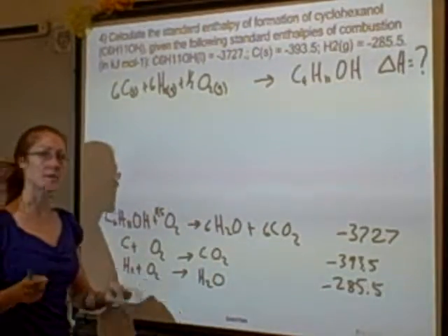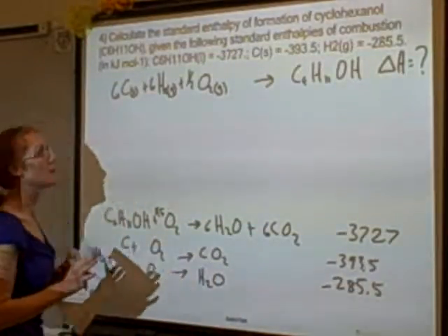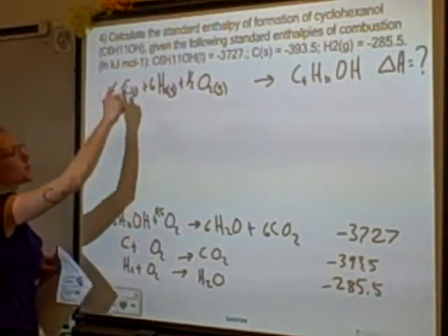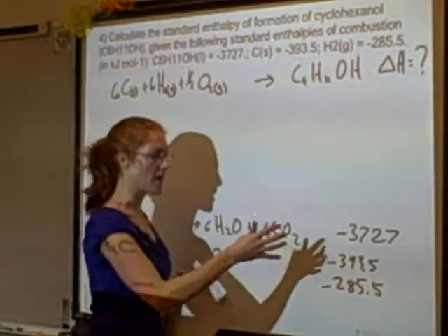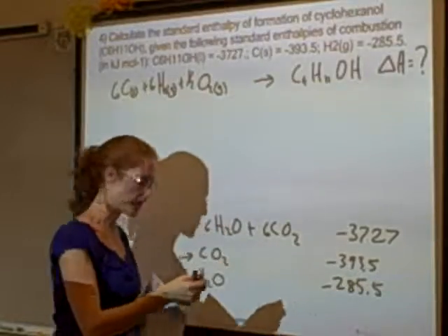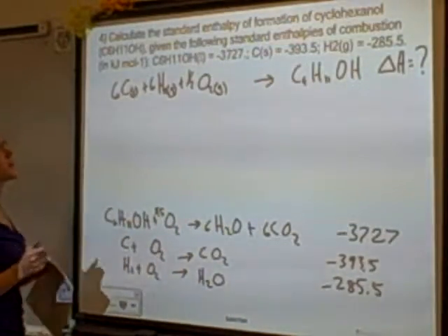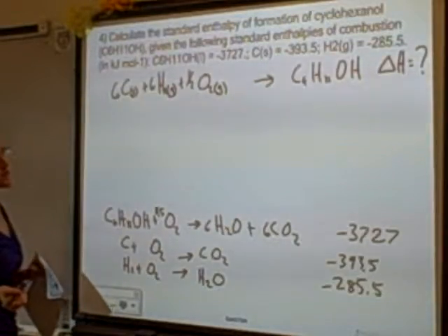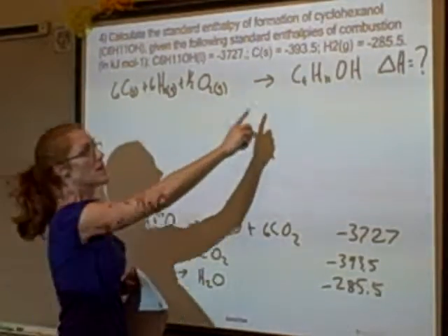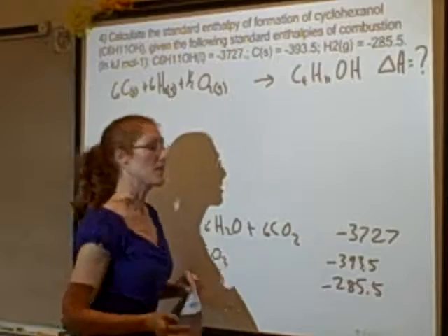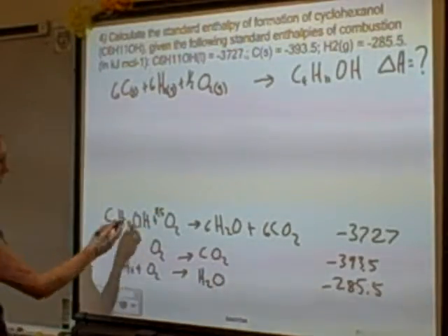So now I have the steps. I'm going to flip these steps around, multiply them, do whatever I need them to do to get them to add up to my goal equation. And I can see how much heat is coming out every time I do one of those steps. And then I can add up all the heats to get the overall heat of the reaction. So for the first step, I know that I need cyclohexanol as a product. The only place it shows up in the reaction is right here.